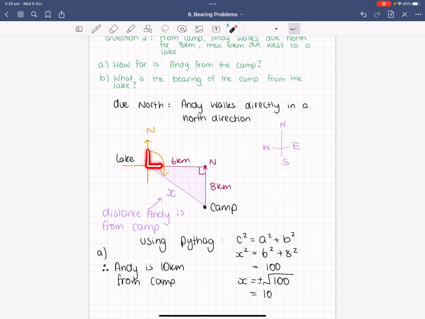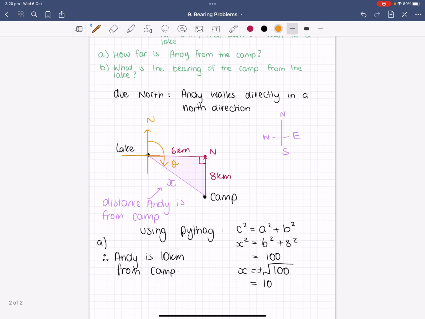Well, we already know that that's 90 degrees. If we can work out this angle in that corner, we'll be able to find out what the whole angle is. So let's call this angle in here theta. Just drawing this triangle out, we can work out what theta is by using our trig functions again.